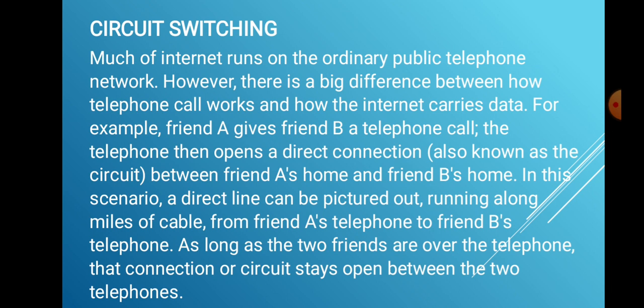The telephone then opens a direct connection, also known as a circuit, between friend A's home and friend B's home. In this scenario, a direct line can be pictured running along miles of cable from friend A's telephone to friend B's telephone. As long as the two friends are on the telephone, the connection or circuit stays open between the two telephones.